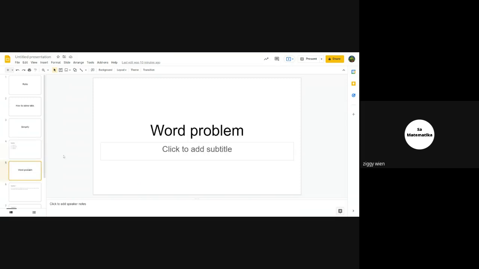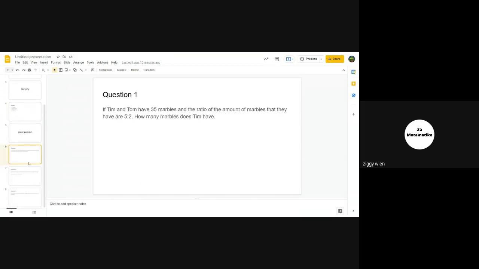Now we go to word problems. For question 1, if Tim and Tommy have 35 marbles and the ratio of the amount of marbles they have is 5 to 2, how many marbles does Tim have?